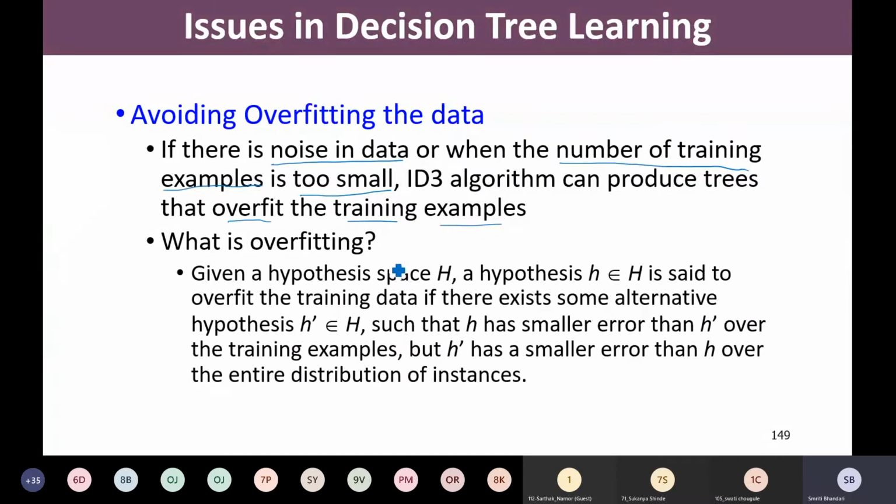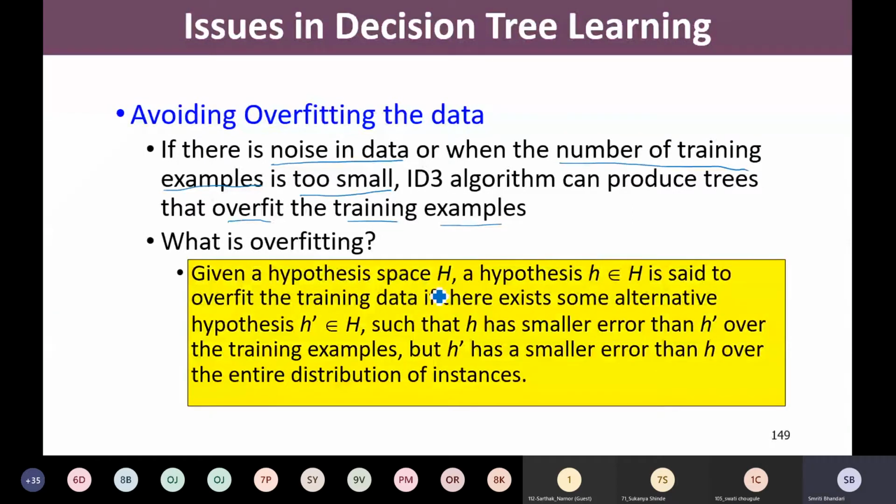Given a hypothesis space capital H, a hypothesis small h that belongs to capital H is said to overfit the training data if there exists some alternative hypothesis H dash such that h has smaller error than H dash over the training examples, but H dash has a smaller error than h over the entire distribution of instances.